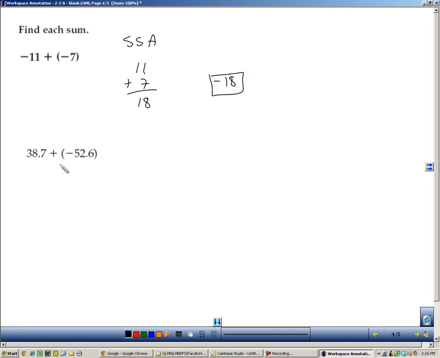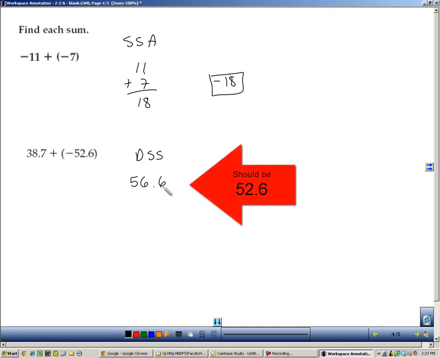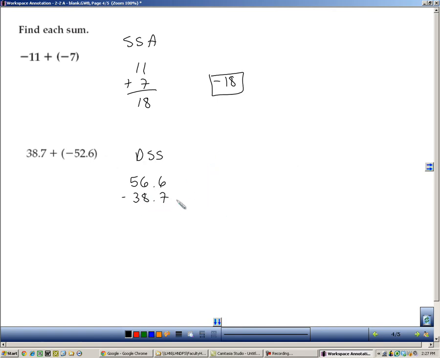This one we're adding two numbers with different signs. So we're going to use this DSS, or this different sign subtract idea. Well, we'll take the absolute values. 52.6 is the bigger one. So DSS says different sign subtract. We're going to subtract 38.7. So we're going to borrow.